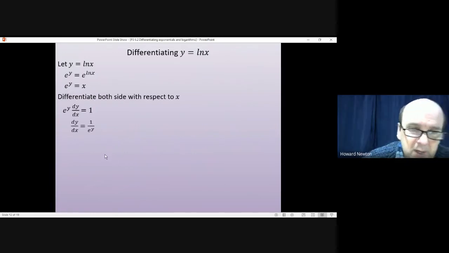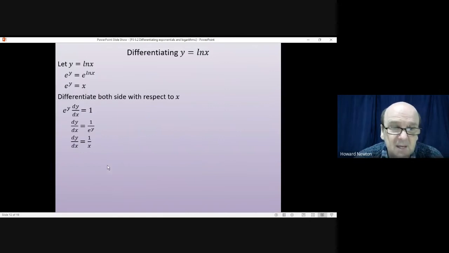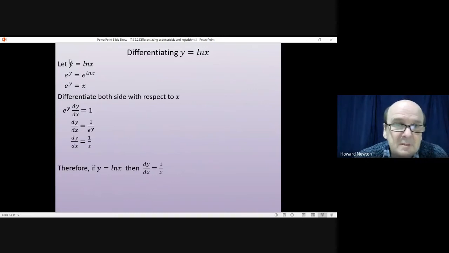Moving the e to the y to the other side would give me that. And that simplifies to 1 over x, because up here I've said that e to the y equals x. So I've just substituted that in here. Therefore, our starting point was y equals log x, and our finishing point was, if y equals log x, then dy by dx is equal to 1 over x.